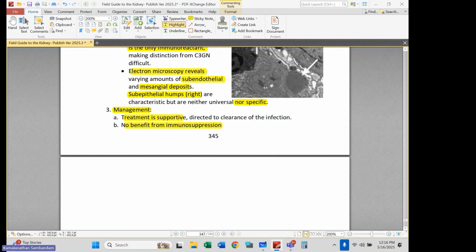And so some practicing nephrologists will use immunosuppression concomitantly with the treatment of the infection when the patient is in, for instance, dialysis-dependent renal failure, right, or has a creatinine of 5. So immunosuppression can be considered. However, one has to keep in mind it is not proven beneficial in the literature.